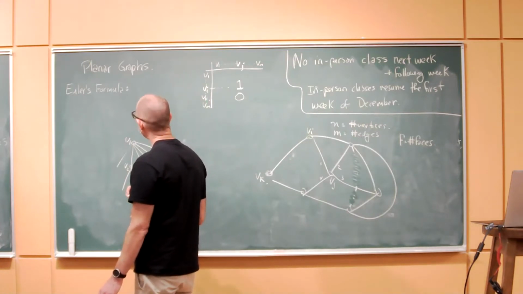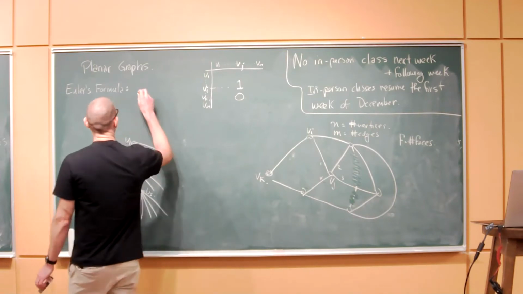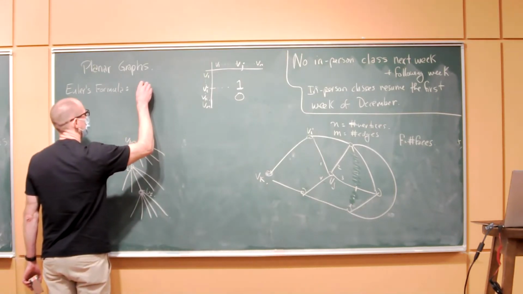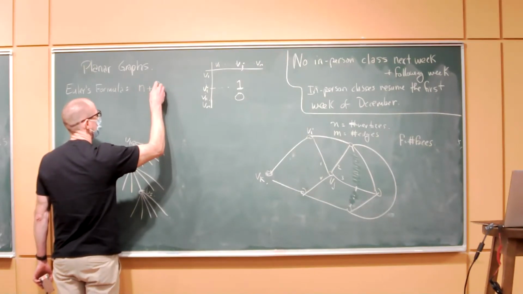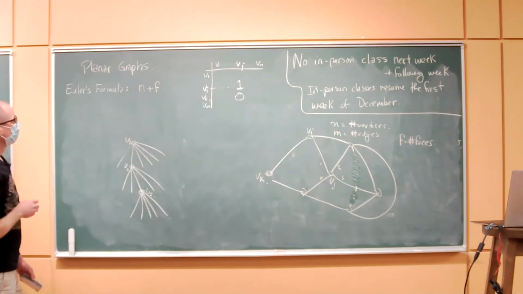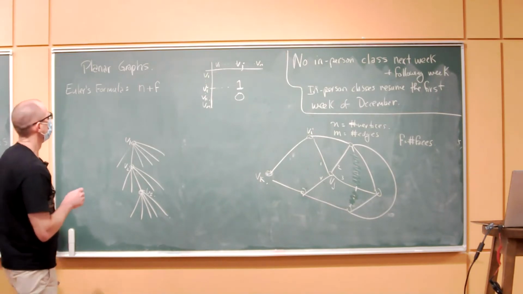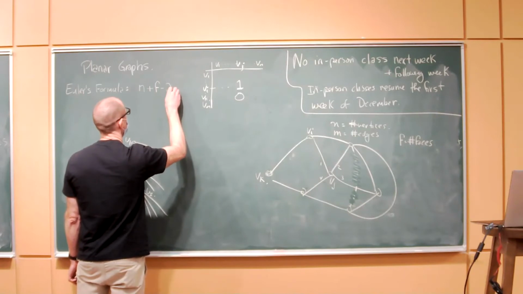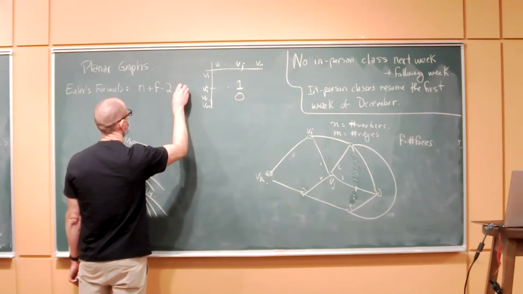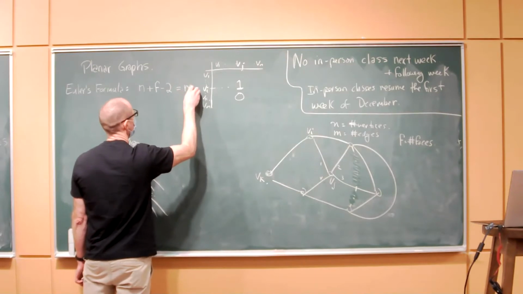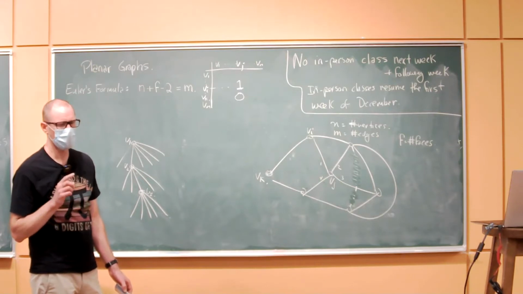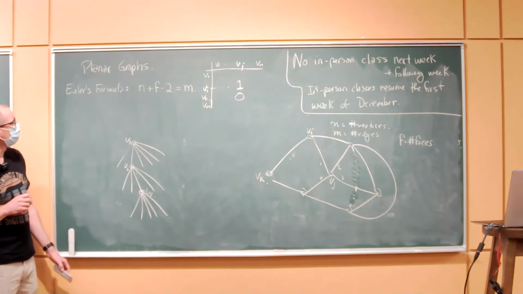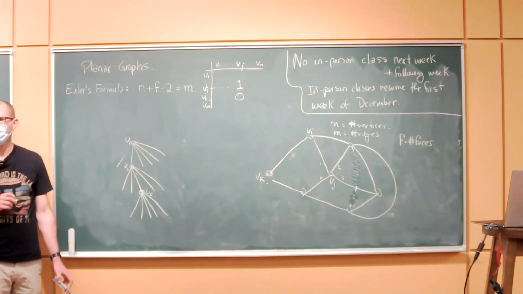Yeah, so Euler's formula says if you add the number of vertices plus the number of faces, and you subtract 2, then you get the number of edges. Yeah, you get the number of edges. Okay.